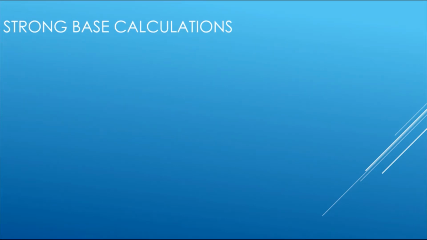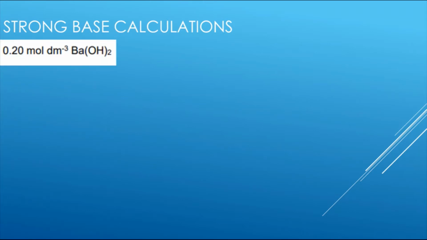You can be asked to work out the pH from a strong base that you're given. For example, we've been given 0.20 moles per decimeter cubed of barium hydroxide. We're assuming that this reaction is occurring at room temperature, so 298 kelvins.